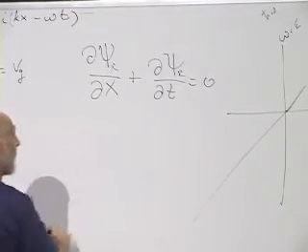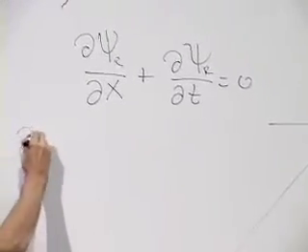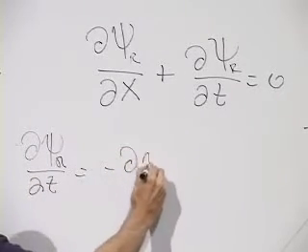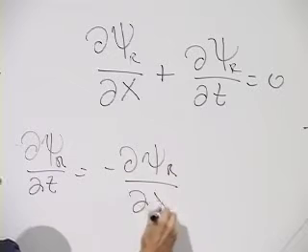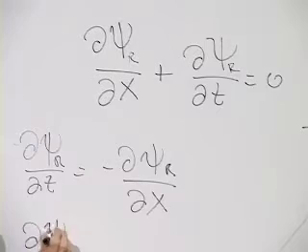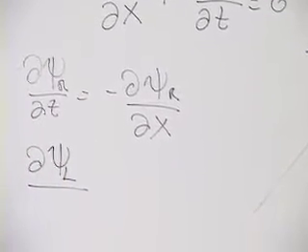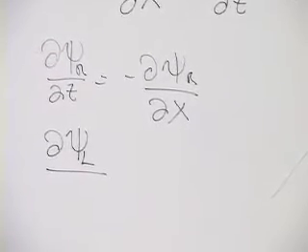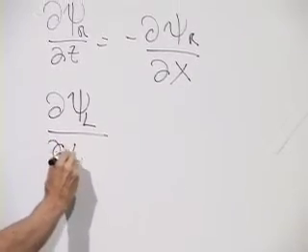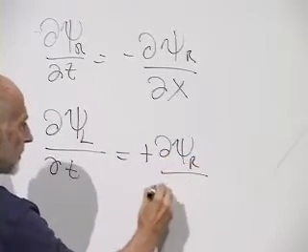So if we rewrite an equation, let me write this here as d psi right by dt is equal to minus d psi right by dx. That's a right-moving wave. A left-moving wave of another field, a completely separate field, with different creation operators and different annihilation operators, describes a different kind of particle, namely a left mover, and is equal to plus d psi left by dx.